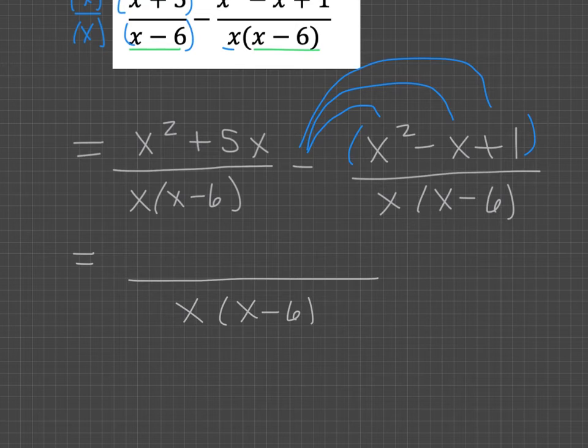So we've got this x squared minus this x squared, so that leaves no x squareds. And then we take 5x minus a negative x, so that minus a negative becomes a plus. So that becomes 5x plus 1x, so we get 6x. And then we have no constant here, we have a minus 1, so we get 6x minus 1.